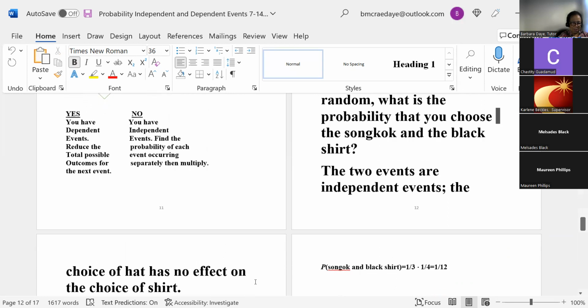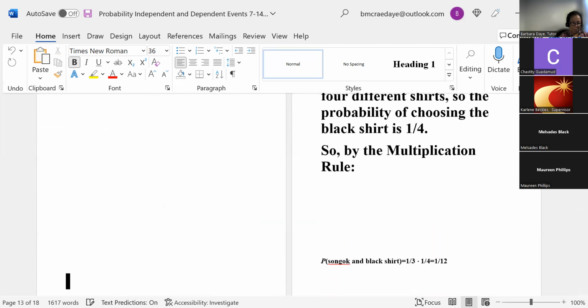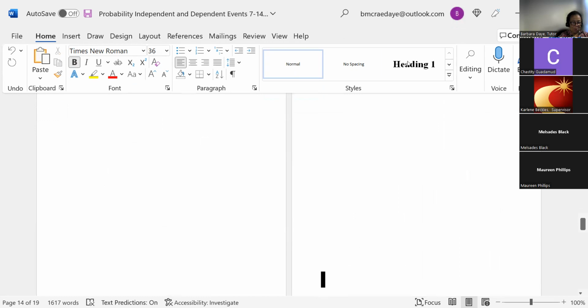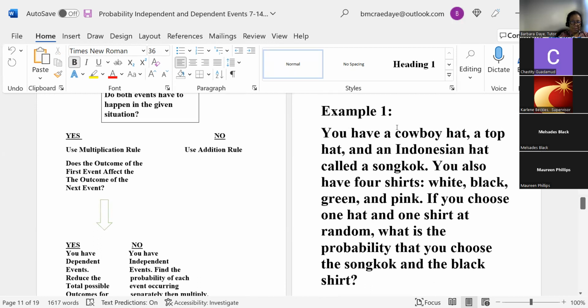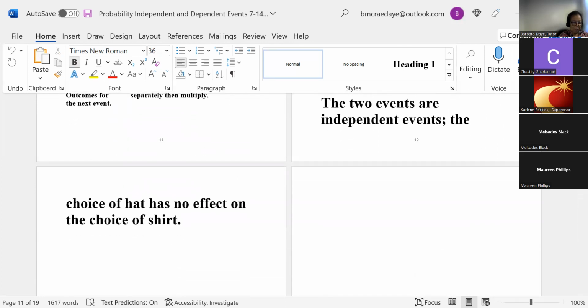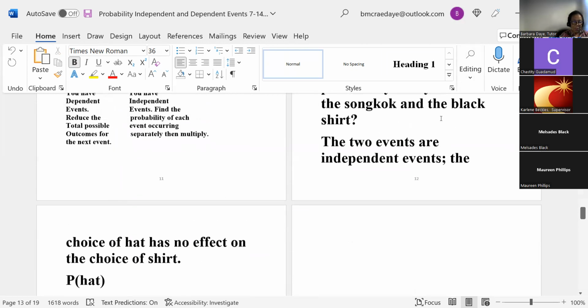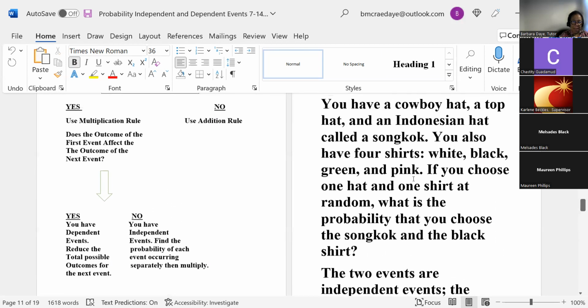So let me see here. I want you to solve it. Possible over total. Which one do you want to do first, the hats or the shirt? The hats. Okay, so let's say probability of the hat. Because the question asks: what's the probability you choose the sangkak and the black shirt?